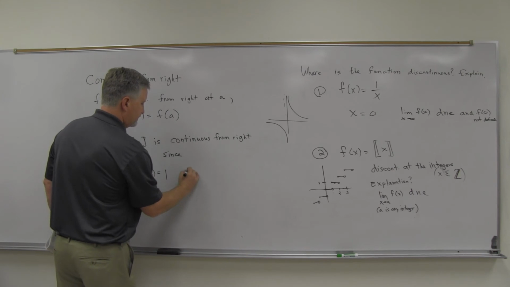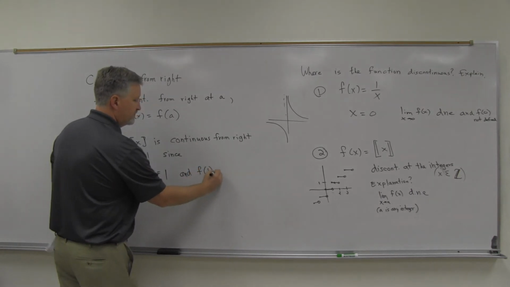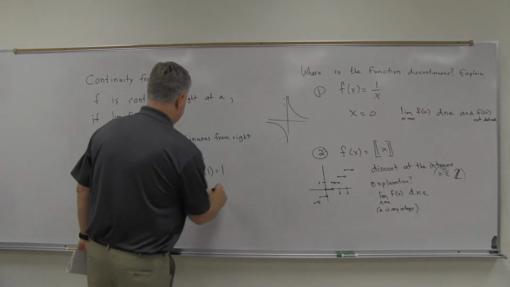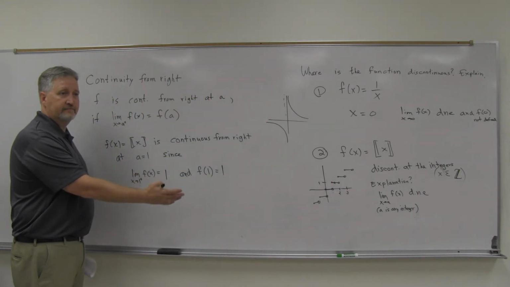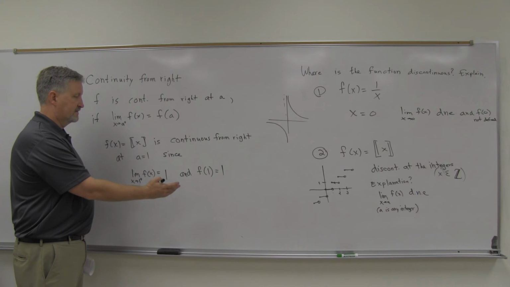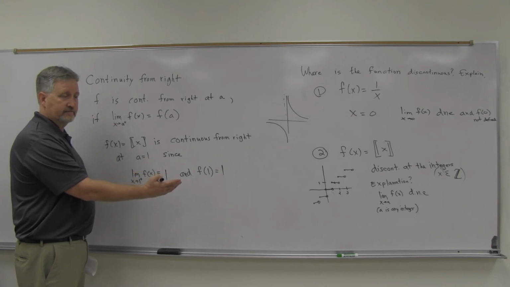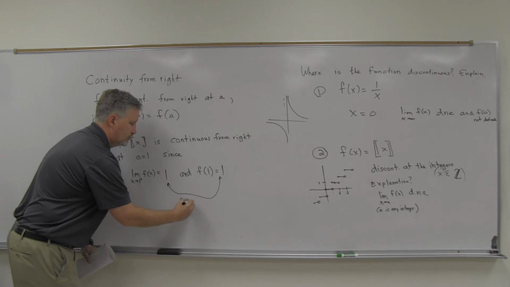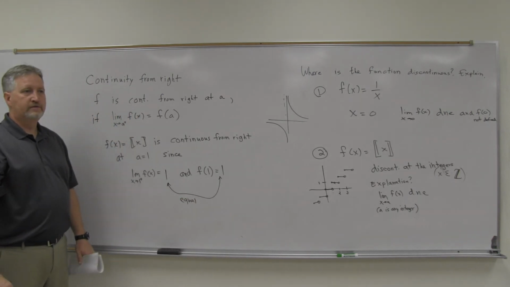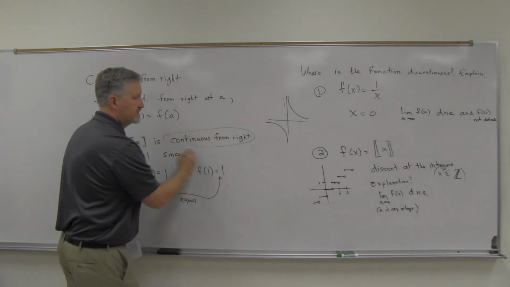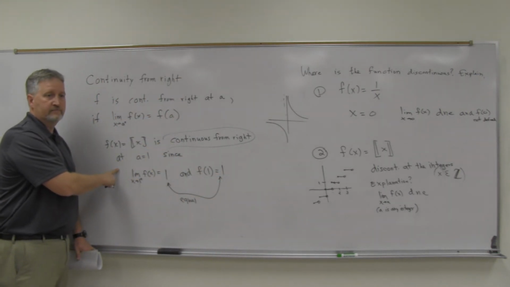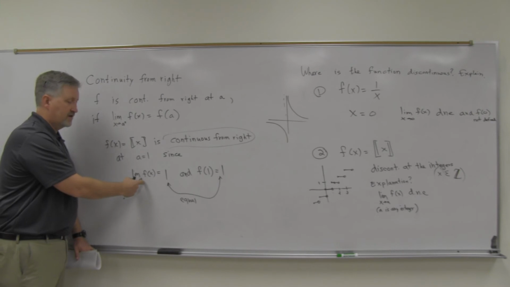And f of 1, the function value at 1, is 1. So you see those two match up, and those two are equal, aren't they? So even though it's discontinuous at 1, it's continuous from the right at 1, because the function value equals the limit.